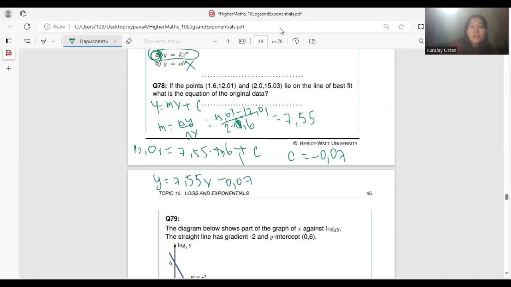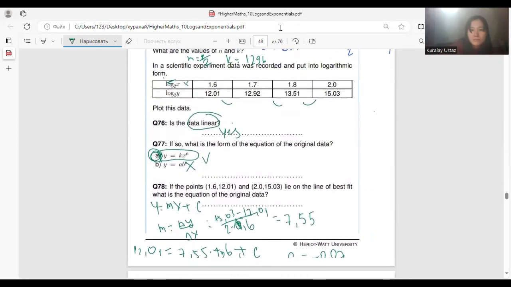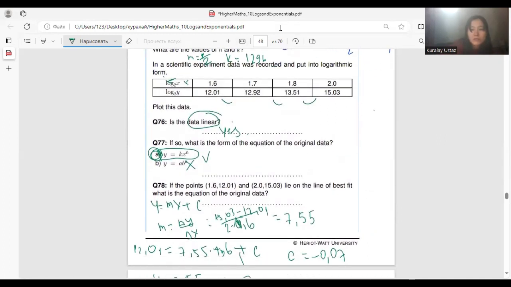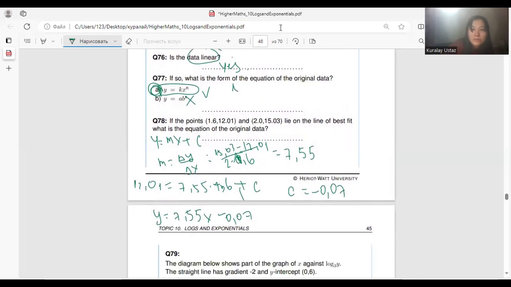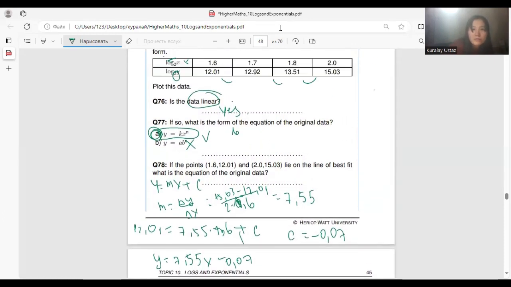So we need to find the values of k and n and write the equation in this form. That one is for this table. So take logarithms of both sides, logarithm base 2 of y equals logarithm base 2 of k plus n logarithm base 2 of x. This one is for y, this one is for x.